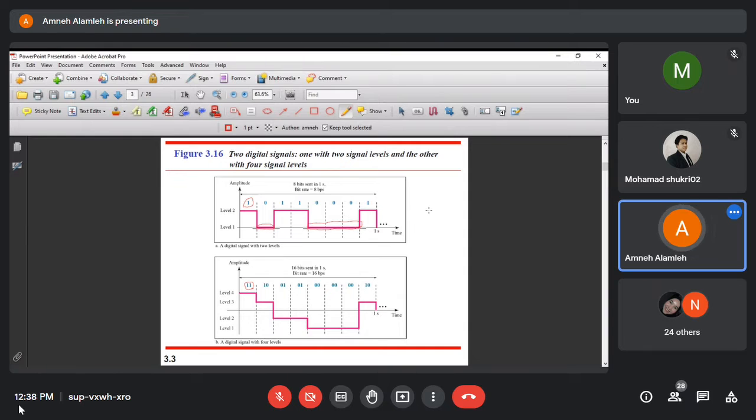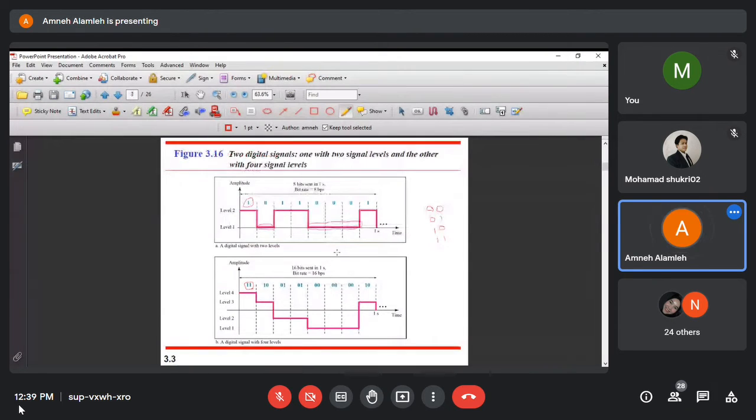You remember, when we represent the data with 2 bits, we can have 0, 0, 1, 0, 0, 1, and 1, 1. So 4 levels. The bit rate here is 16 bits per second. The bit rate in the first part of the figure is 8 bits per second. Okay.